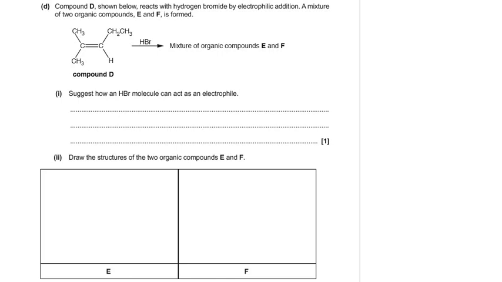So if we write that in, it's an electron pair acceptor, and then they're going to want us to say which part of it accepts the electron pair. So the H can accept a pair of electrons. So the H of HBr can accept a pair of electrons. There you go.